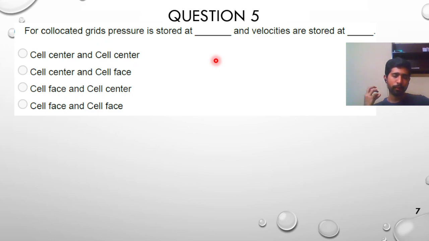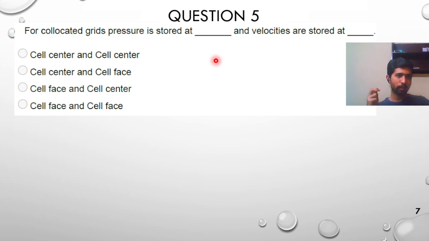We discussed the challenges we face when we go with a standard grid, which is also called a collocated grid in technical terms. We come up with pressure velocity decoupling, and in particular it is called the checkerboard problem when we use a collocated grid.